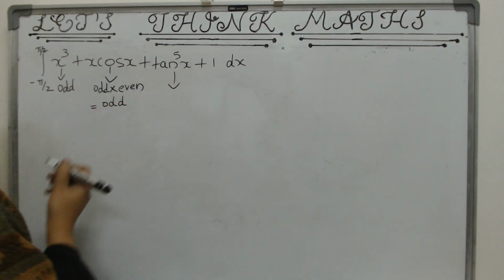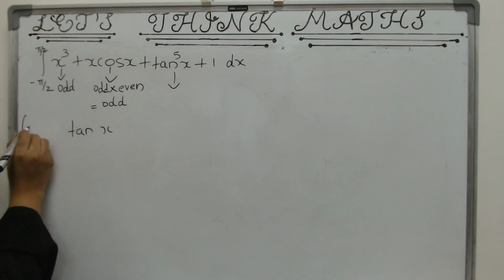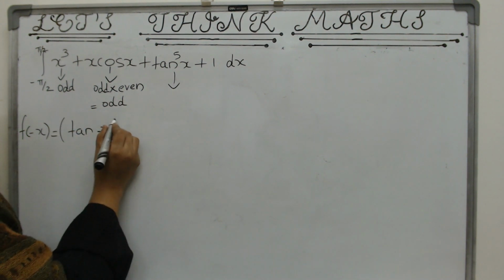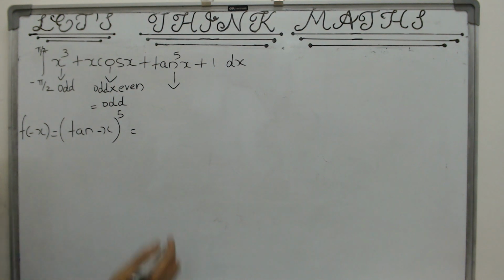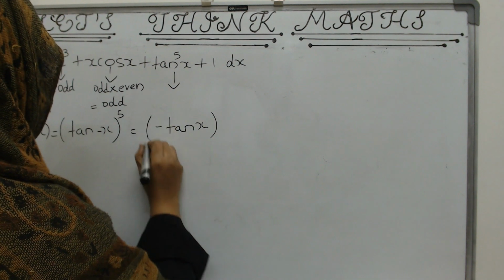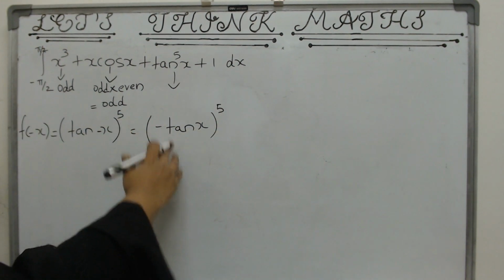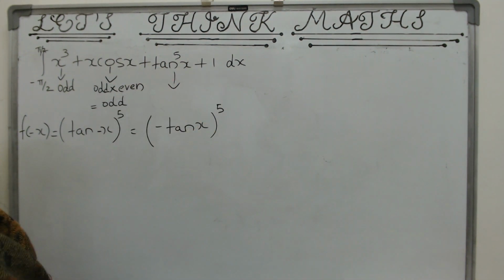What about tan x? Now tan x in itself, suppose take f of minus x. So instead of x, put minus x. So what do you know? Tan x is an odd function. So that means this is minus tan x raised to 5. An odd function multiplied an odd number of times.